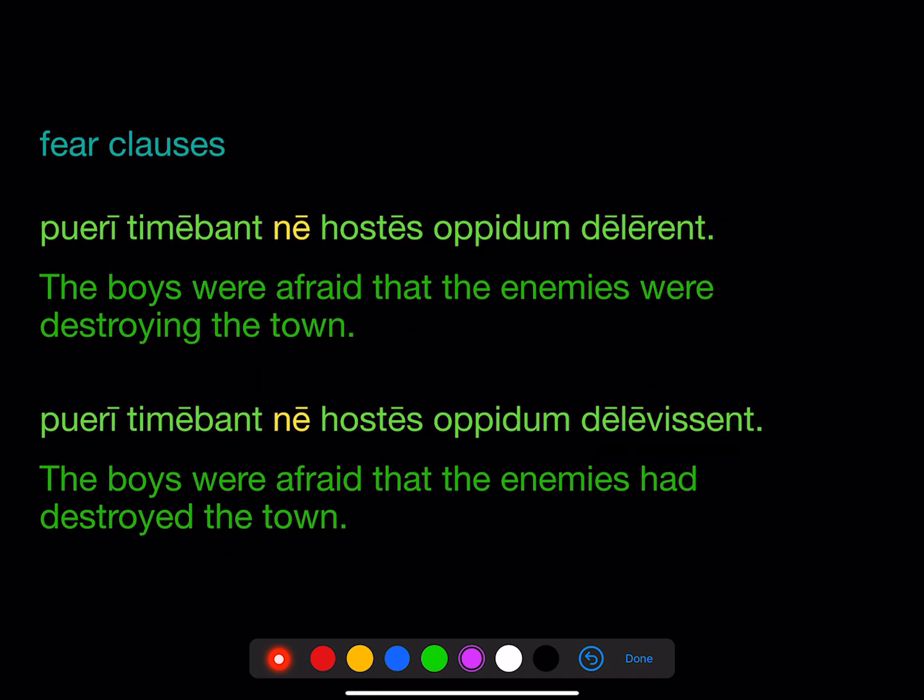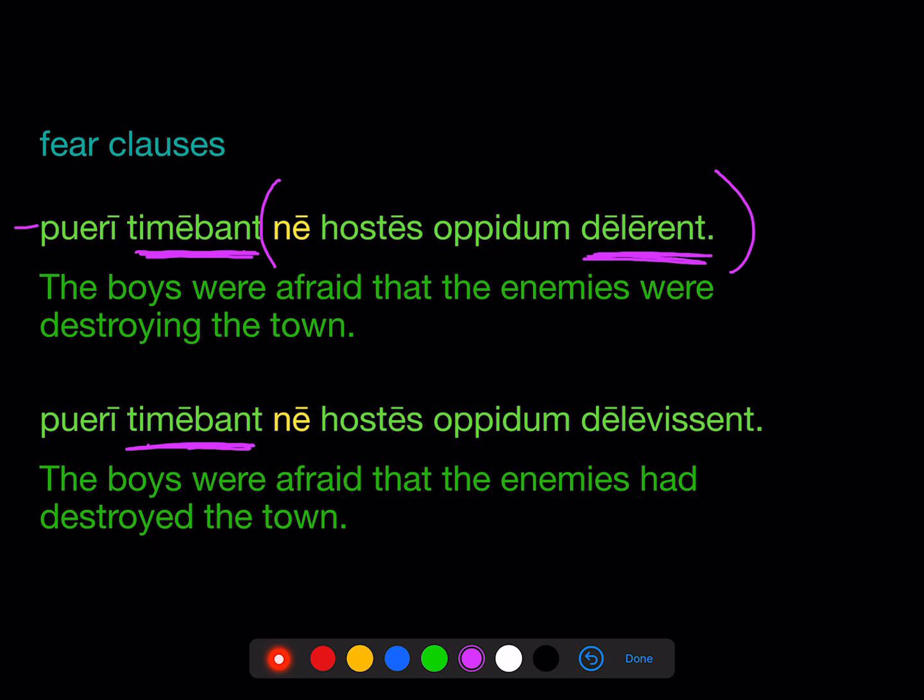But what if our main verb is in a past tense? Here I've chosen the imperfect indicative. So, pueri timebant ne hostes oppidum delerent. So there's our fear clause. The boys were afraid that the enemies were destroying the town.